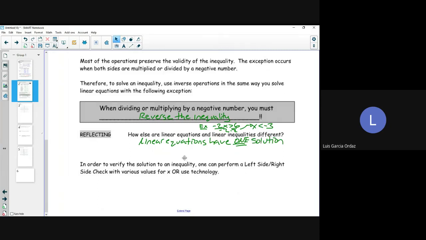And based on the information I gave you about the definition of inequalities, how many solutions can linear inequalities have? If we're given a double inequality, how many solutions do we have in that linear inequality? One or two? So with linear inequalities, we can have many solutions.